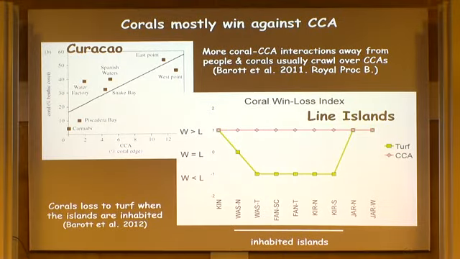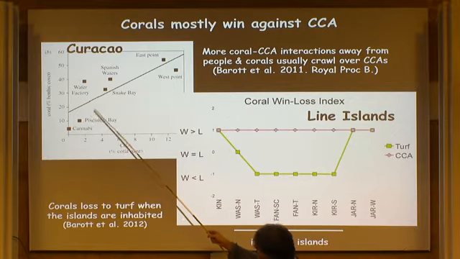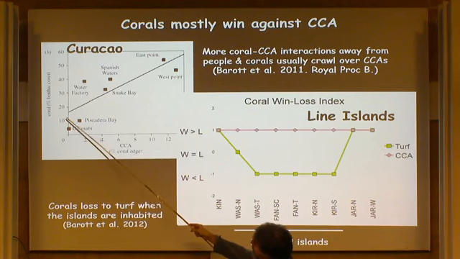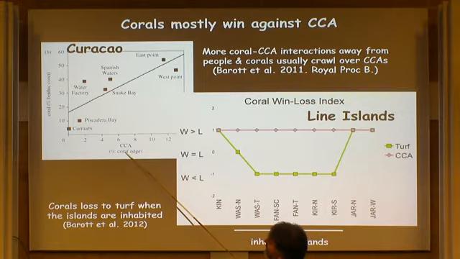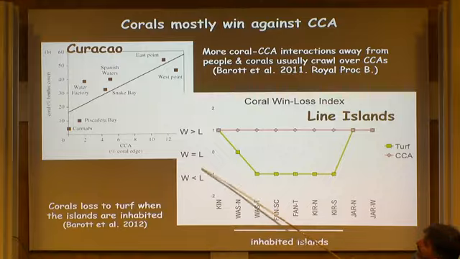And when you do it, what you find is something like this. So this is Curacao, for example, and as the coral cover changes, you get different interactions with the CCA, same with turf algae, etc. But what's important is the win-loss ratio.